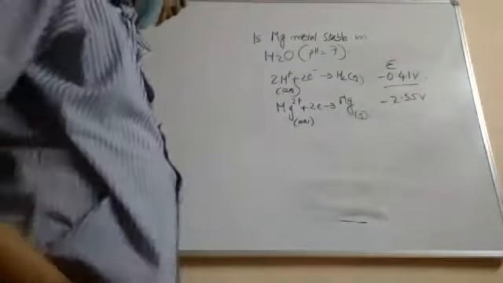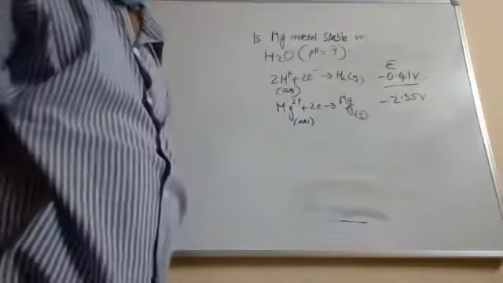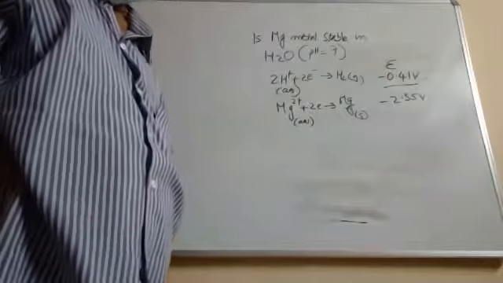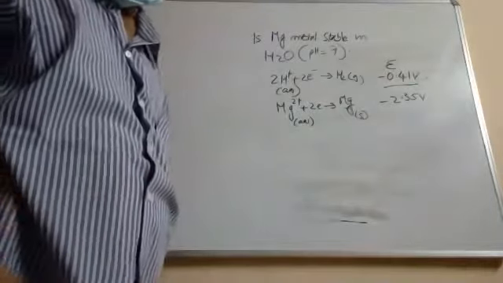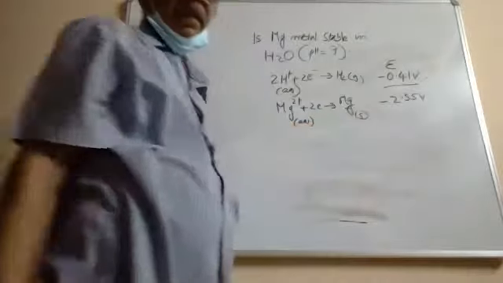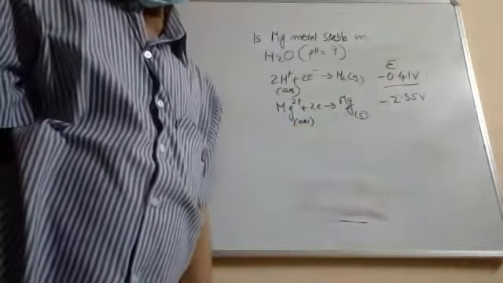The question is, can magnesium survive in pure water whose pH is 7? Let's assume all the other concentrations are 1 molar. We don't care about magnesium because it's a solid, it doesn't affect the equilibrium.